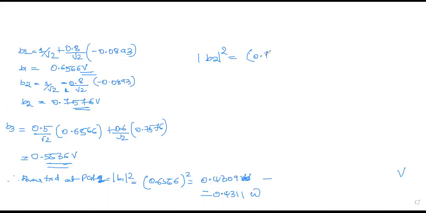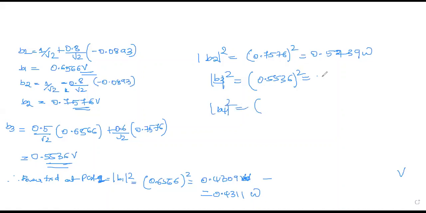This is how much? 0.7576 square is 0.5739 watt. Similarly, B3: 0.5536 square is 0.3065. Okay, this is correct.